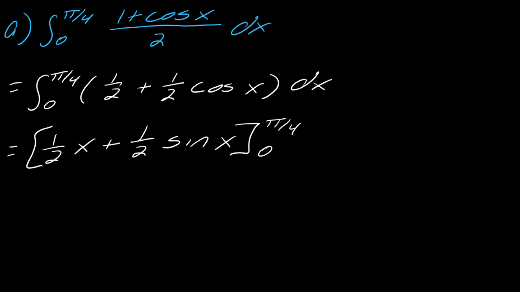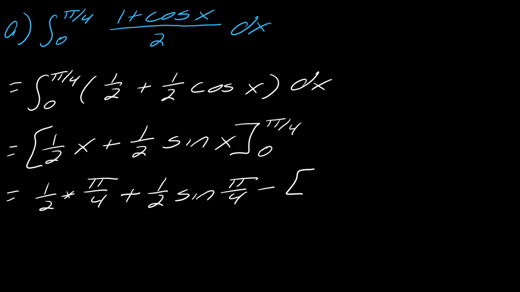So this will be 1/2 times pi over 4 plus 1/2 sine of pi over 4 minus 1/2 times 0 plus 1/2 sine of 0.